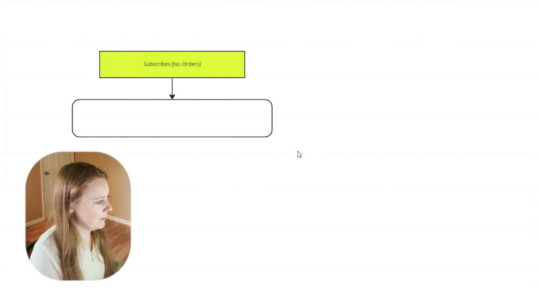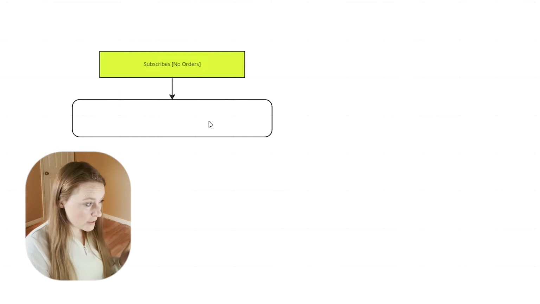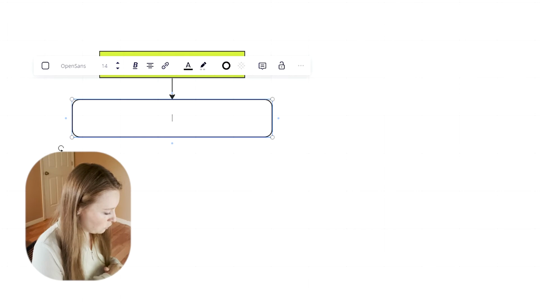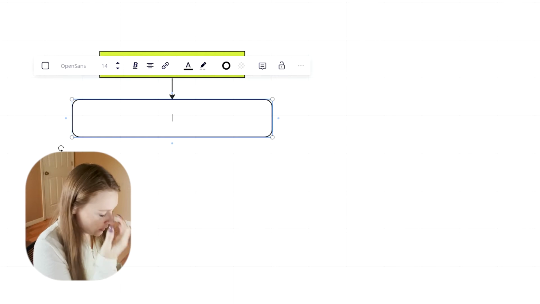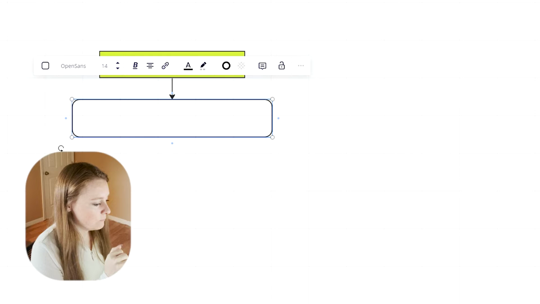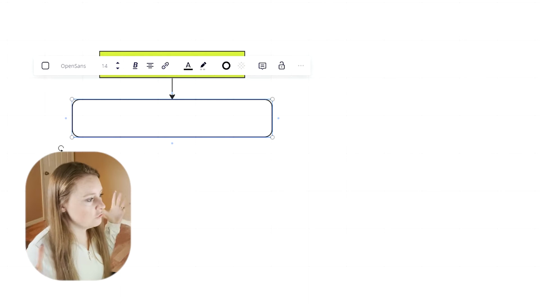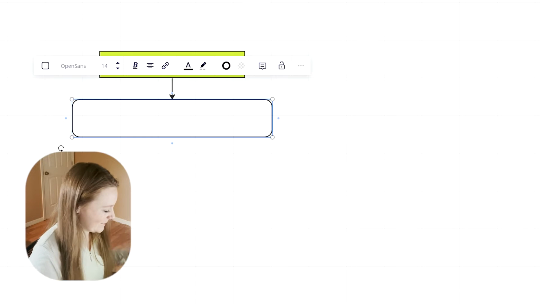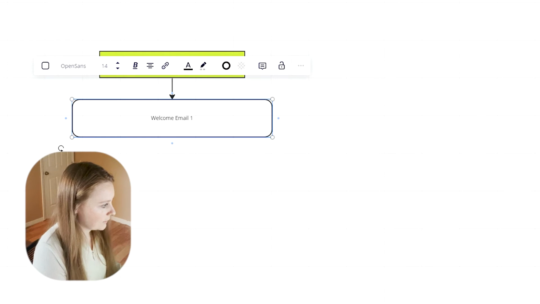So this first email, you've got to keep it pretty simplified, right? I typically like to make it almost like a reinforcer of: you are here. This is where you were and now you're here, if that makes any sense. So reinforcing a welcome offer. So, welcome email 1, and we'll have this one reintroduce the welcome offer.